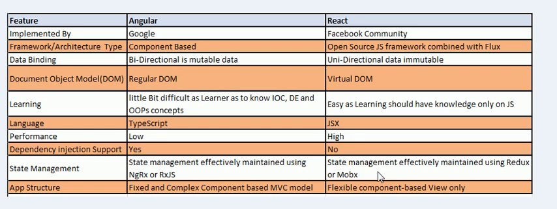Now in the case of React, it does not have any standard structure, but this provides the developer with the freedom of choice. So there is no single right structure for a React app.